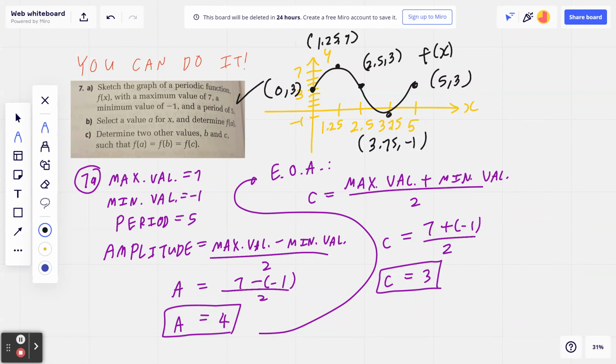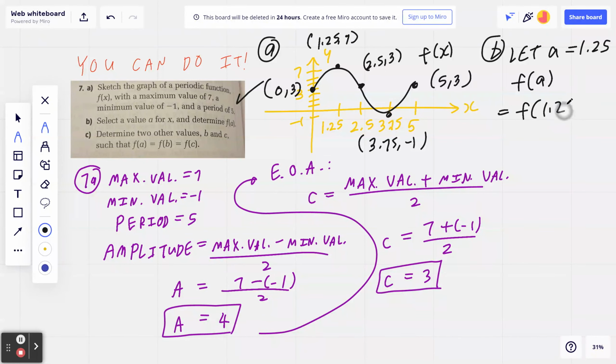So let's write down a for this, part A, this is part B. So if I let a equal to, for example, 1.25, then f of a would equal f of 1.25, and in this case, it's going to be 7. Again, I'm looking at this point. Let's go back to the highlighter. This is the point right there, 1.25 and 7, because I selected a to be 1.25.